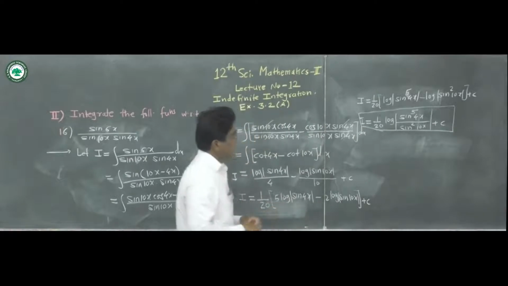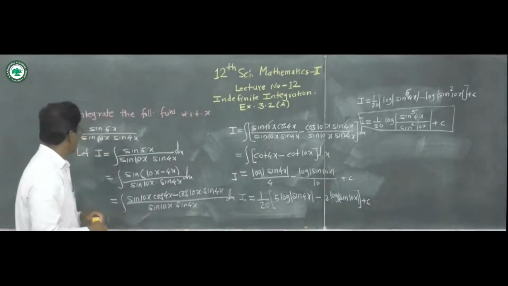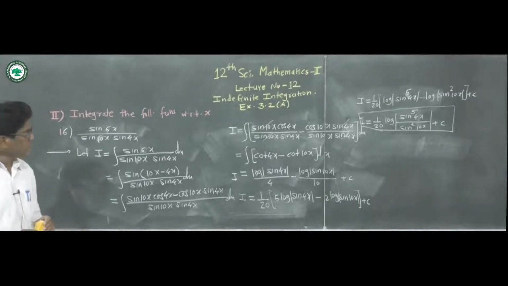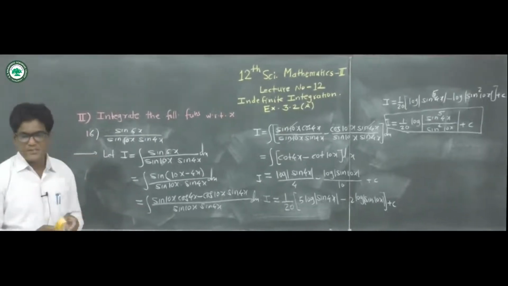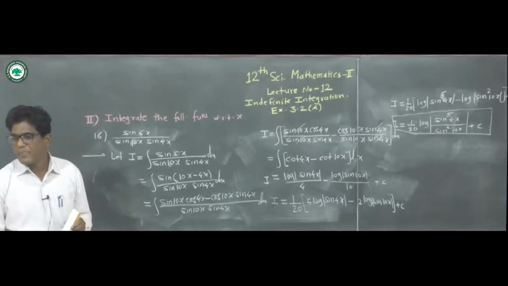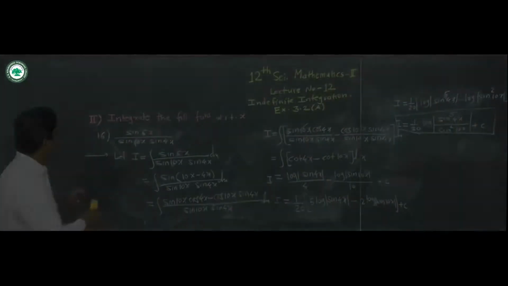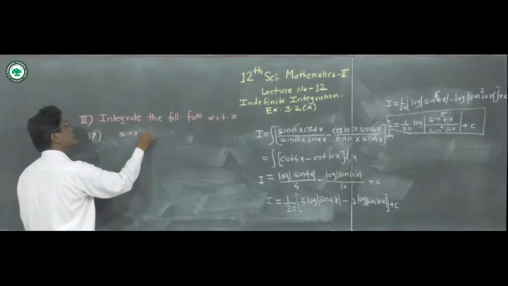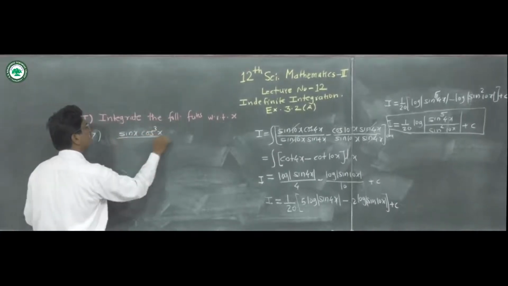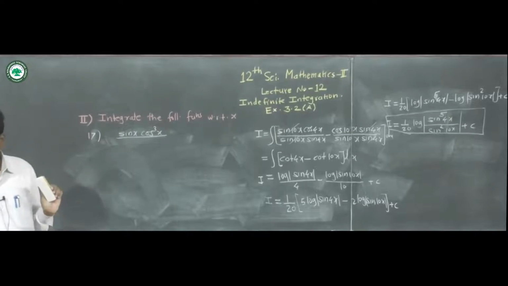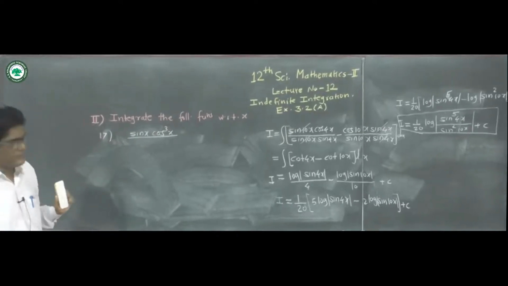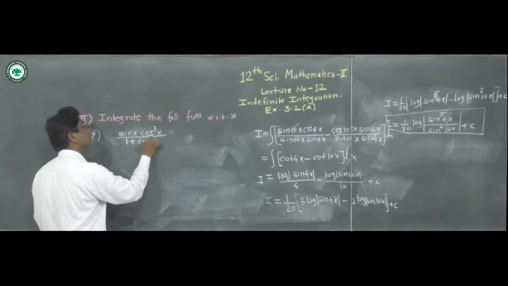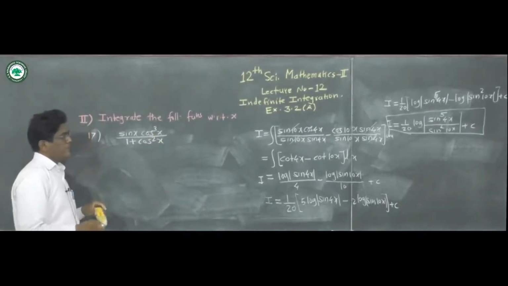So in this way we have completed here solution of 16th problem. Take the screenshot. Now here the last problem in the question number 2nd, 17th problem. Sin x cos cube x divided by 1 plus cos square x.